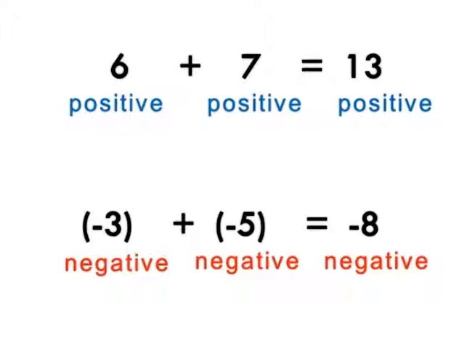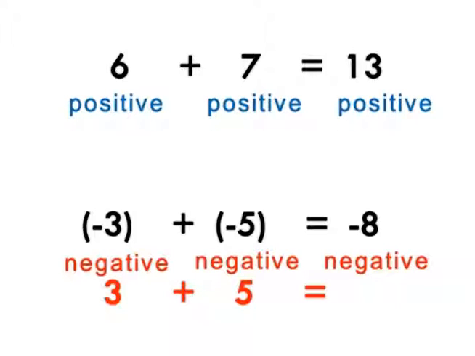And we can say that in example 2, we are just like adding their absolute values. For example, the absolute value of negative 3, which is 3, added to the absolute value of negative 5, which is 5, is equal to 8.